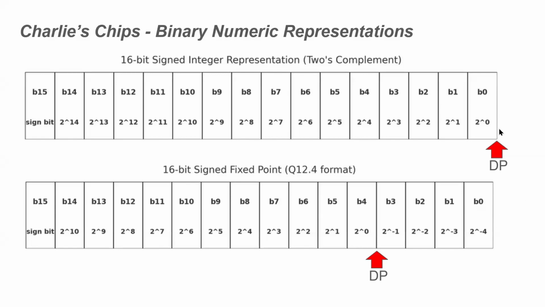One thing to note is that when we shifted this up 4 bits, we lost these 4 bits at the top, 1, 2, 3, 4. Those shifted off the end. So when we do a conversion, we're losing precision, or we're losing magnitude. We can do the same thing in reverse.